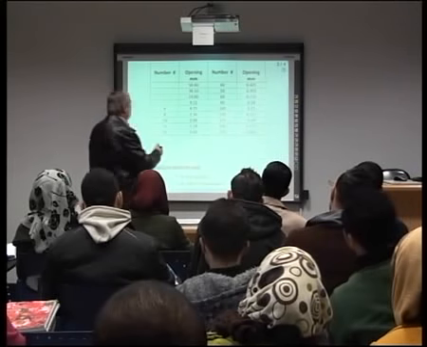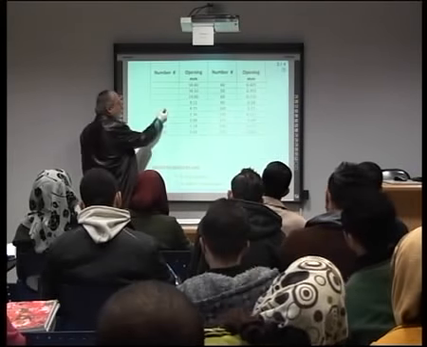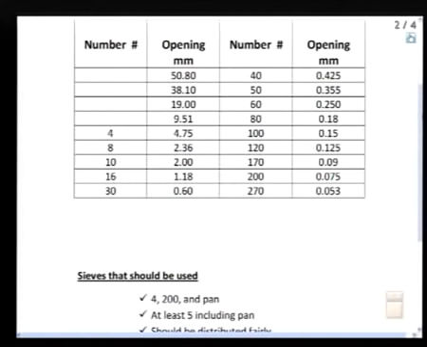We prefer to use an easier way. We give them numbers. We say sieve number 4, sieve number 16, sieve number 20, etc. For example, sieve number 4 has an opening of 4.75 millimeters. This is an important sieve. We will say why later.